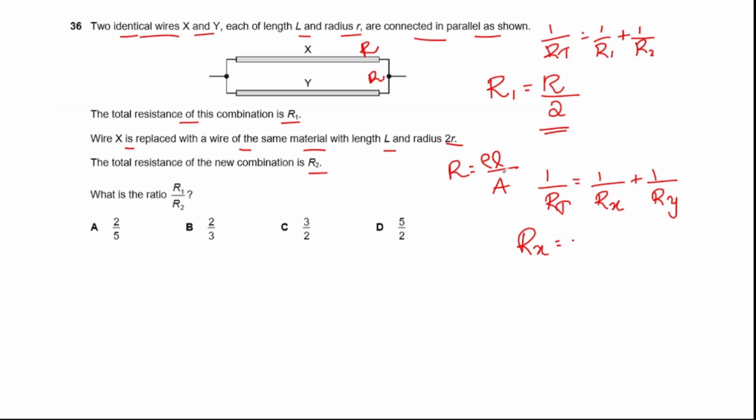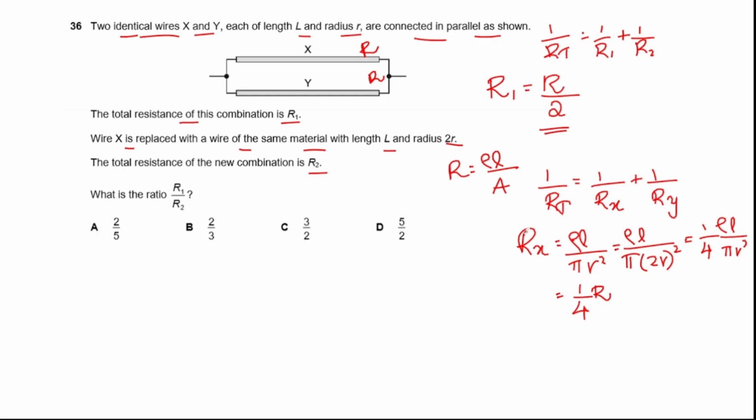It is no longer the same. Resistance is rho L divided by A, where A is pi R square because it's of a cylindrical shape. But here the R value has doubled, so it is 1 by 4 times rho L divided by pi R square. So it is basically 1 by 4 of the previous value of R.